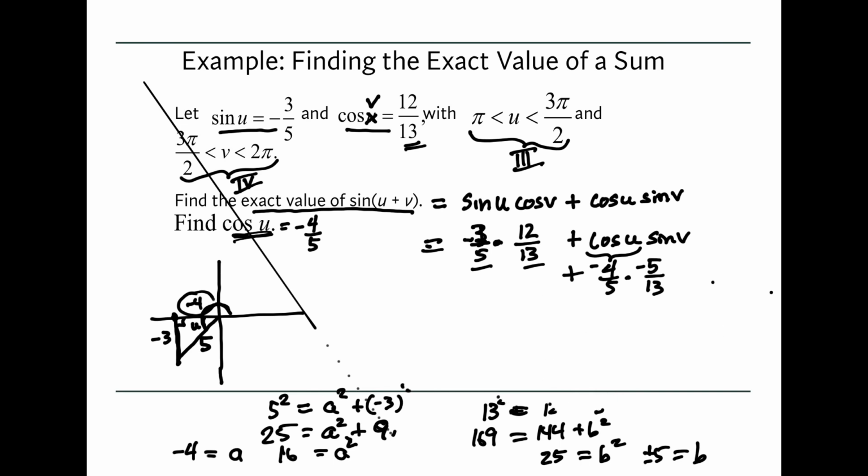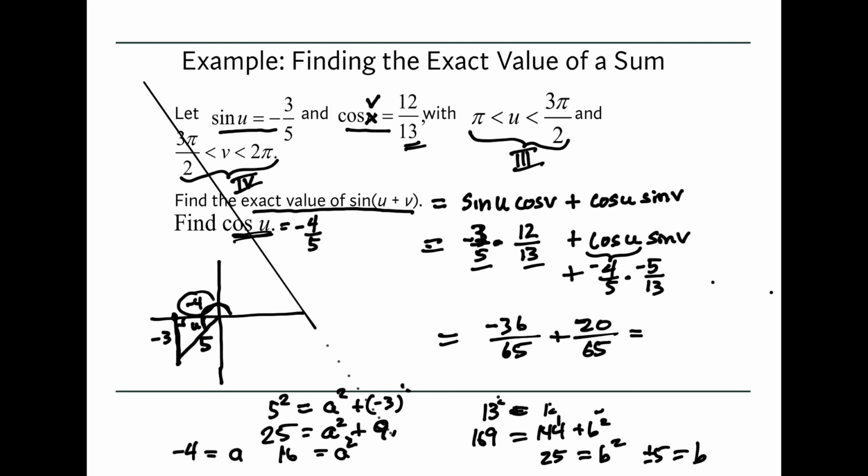So we have 12 times 3 is 36, so that's -36 over 5 times 13 is 65. And then we have negative times negative, so positive 20 over 13 times 5 is also 65.